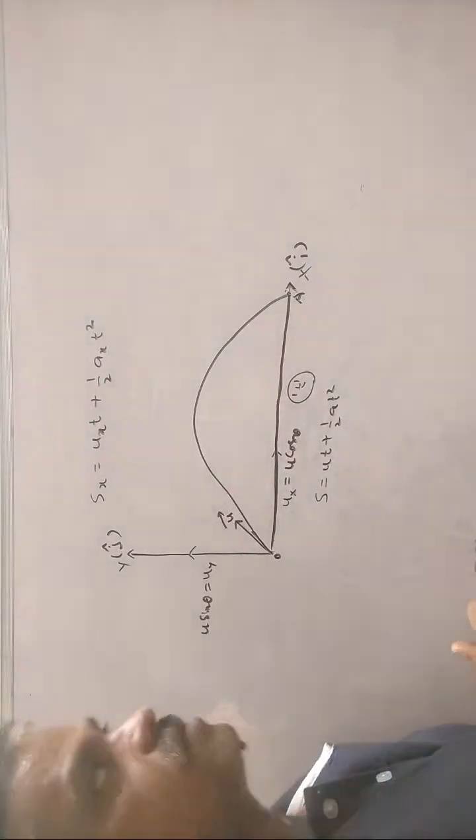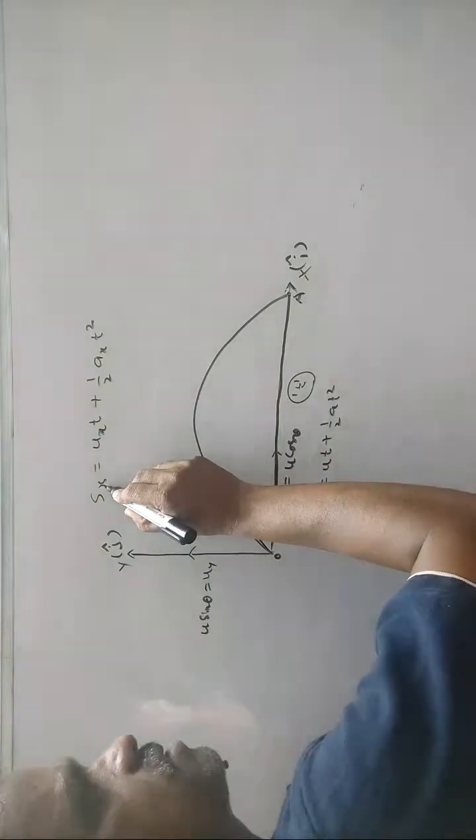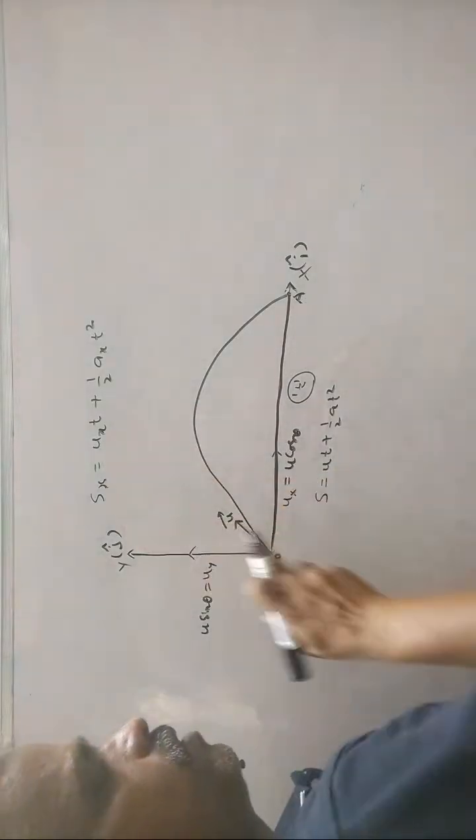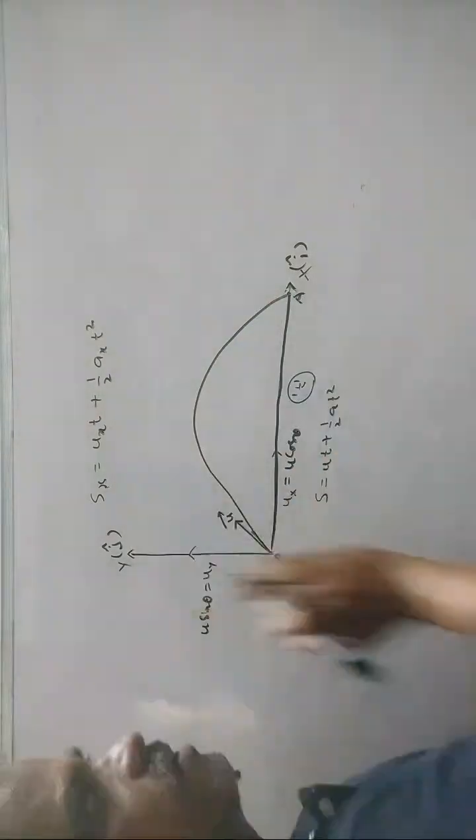Is it or not? Yes. So I kept subscripts for the x-axis: ux is the component of velocity along the x-axis, and ax is the component of acceleration along the x-axis.